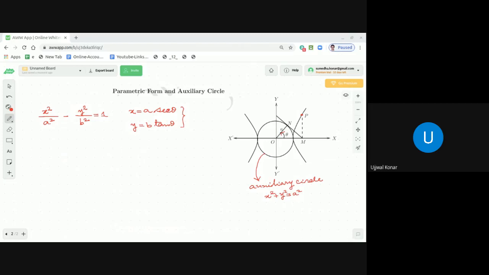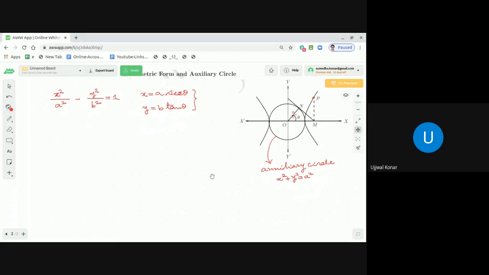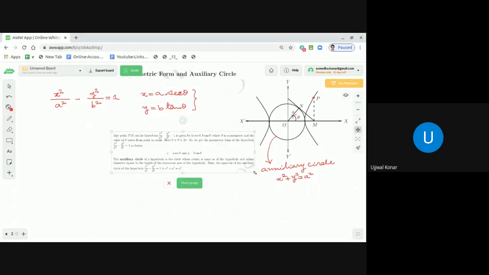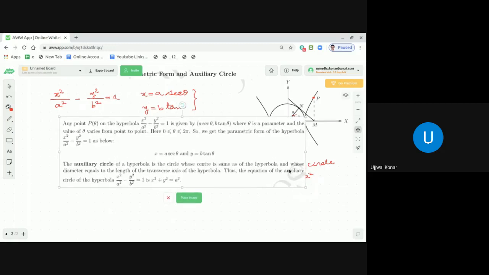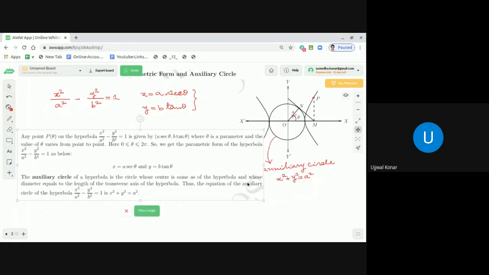Let me write it down here in detail so that you can follow it along with the study material we provide. So this is about the parametric point and auxiliary circle.